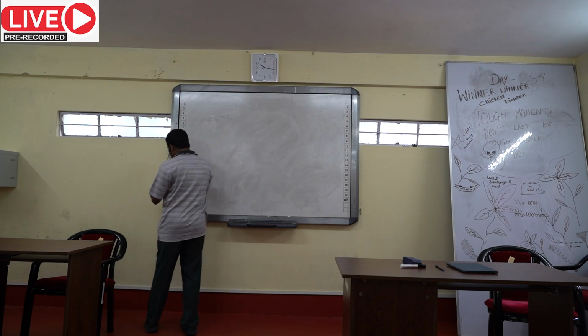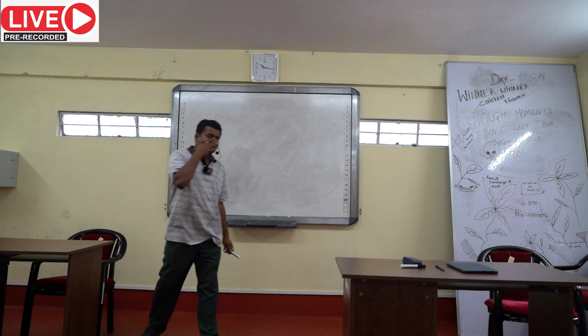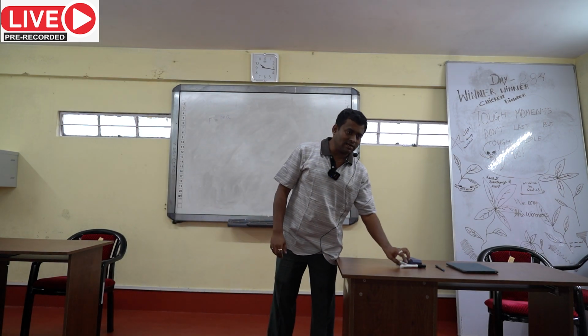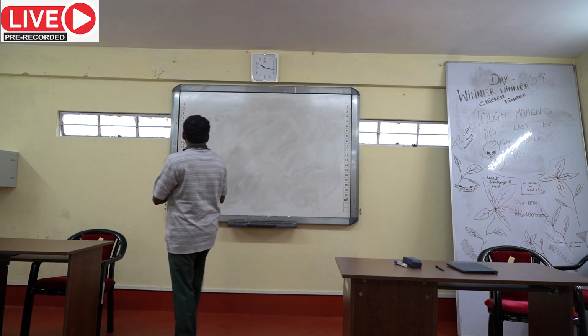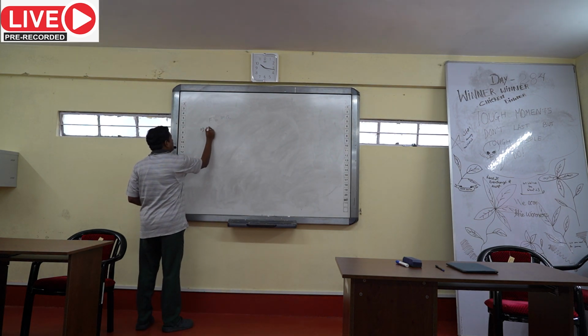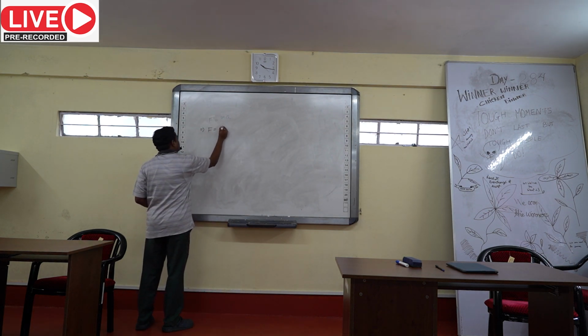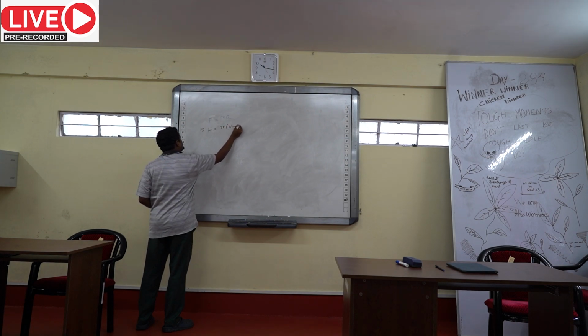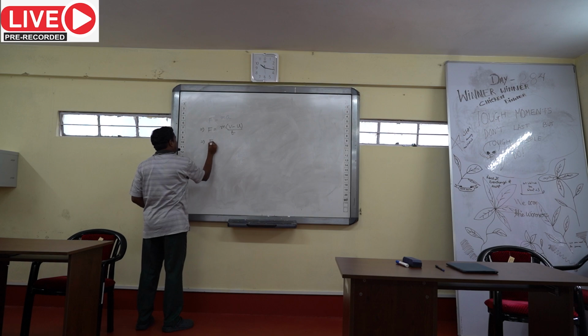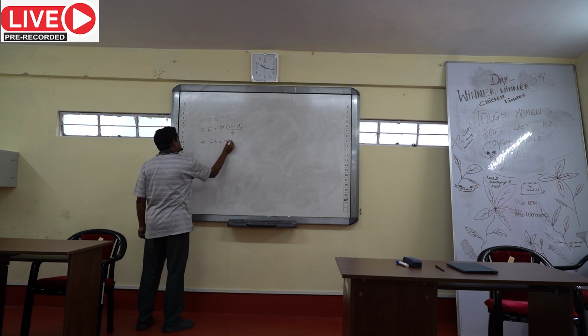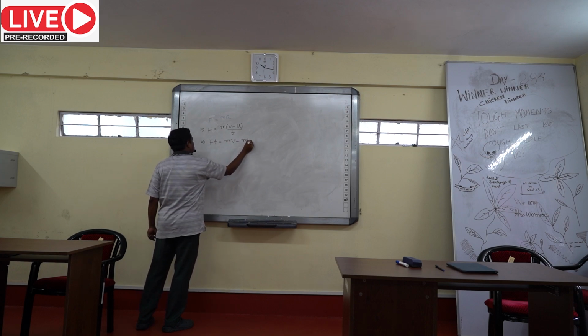Since all are along the same line, I can write it in scalar form without using vectors. Then I can write F equal to m into (v minus u) by t. Then I can write F into t equal to mv minus mu.